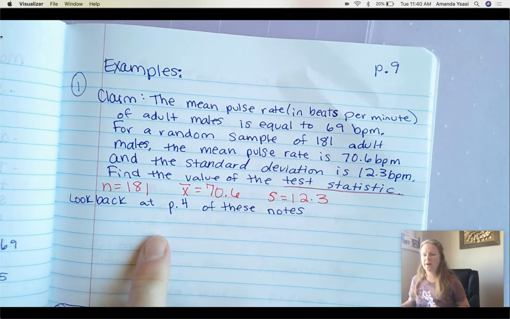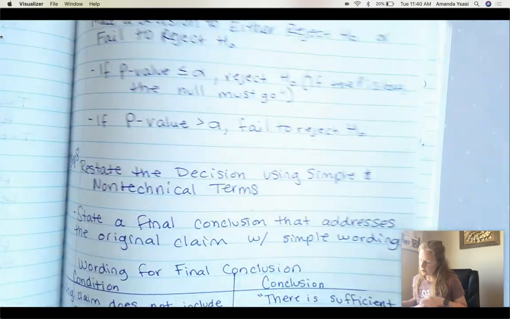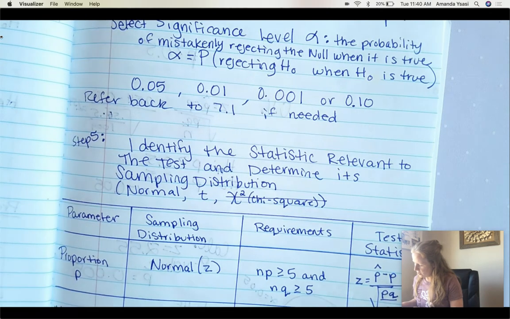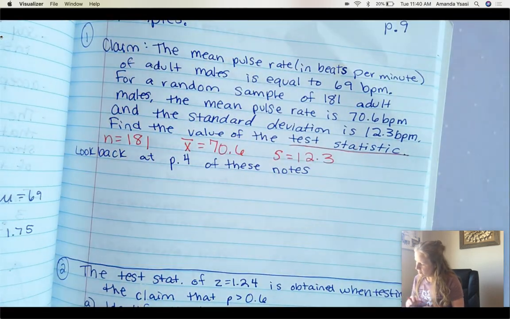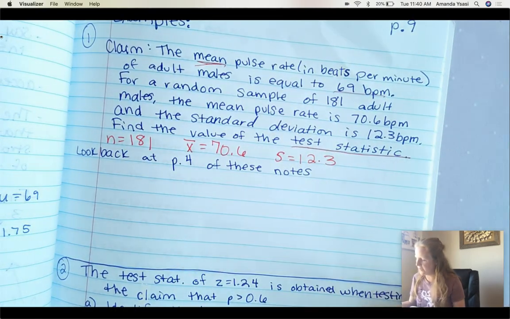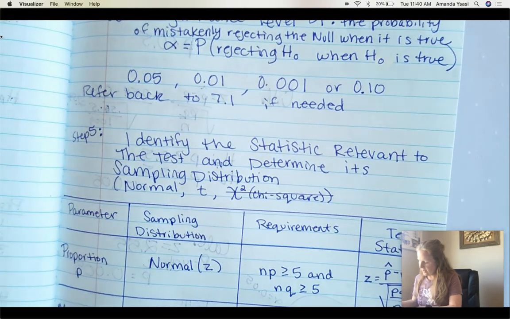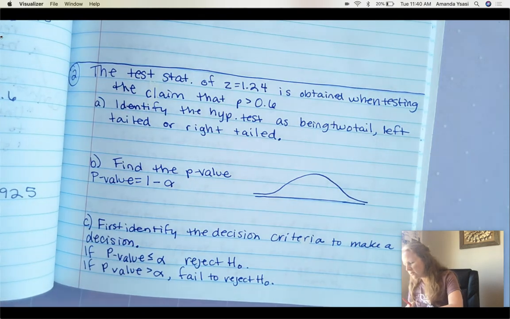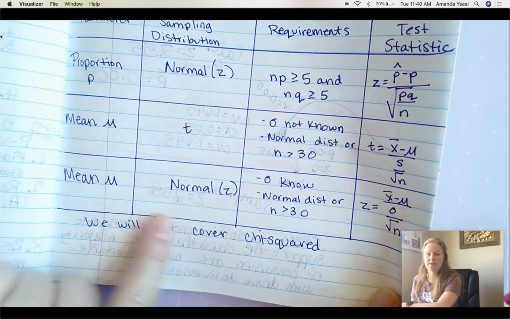All right, so let's look at page 4 to figure out what test statistic we need to use. So we are looking at the mean, right? Mean of 69. That is our claim. So we're looking between these two, and we do have standard deviation, so it's going to be this one.